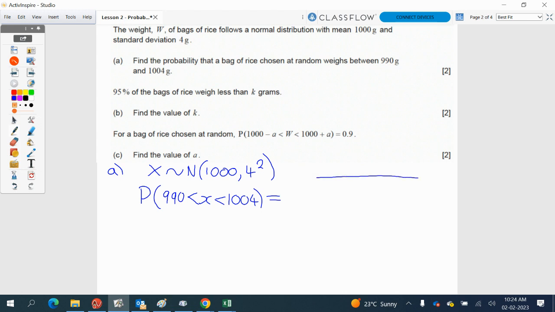Do a bit of a sketch of it, so show the normal distribution curve. This will help you with understanding for the problem solving questions. So we have the mean here at 1,000, and then we have some kind of an area like this that we're after. 990 is less than 1,000, so 990 is here, and 1,004 is more than 1,000, so it's going to be there.